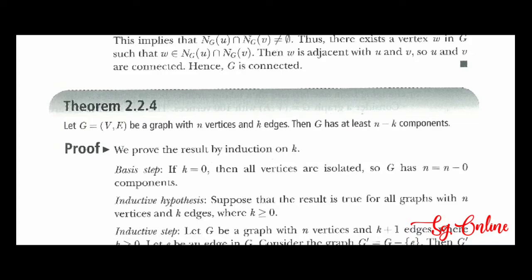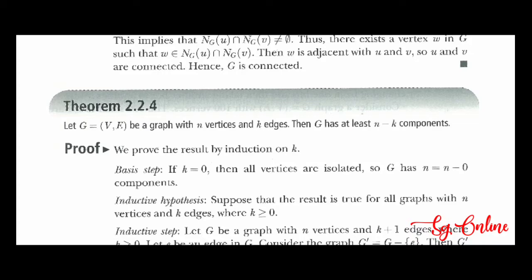If the number of edges is less than n minus 1, suppose it is n minus 2, then the graph has n minus k, that is 2 components, and so the graph becomes disconnected. So this result basically generalizes the first result we got, that a connected graph with n vertices has at least n minus 1 edges, and that is also a consequence of this general result.